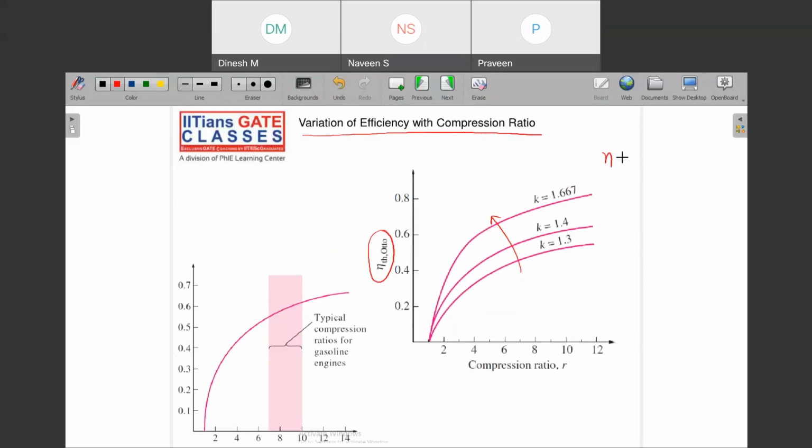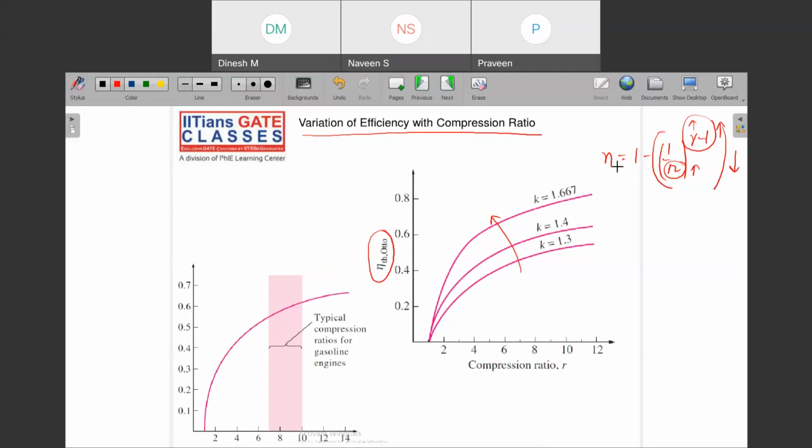Let us see how. Eta is equal to 1 minus 1 upon r to the power gamma minus 1. If you increase gamma, then this overall value is increased, so this 1 upon some increased value will get decreased.